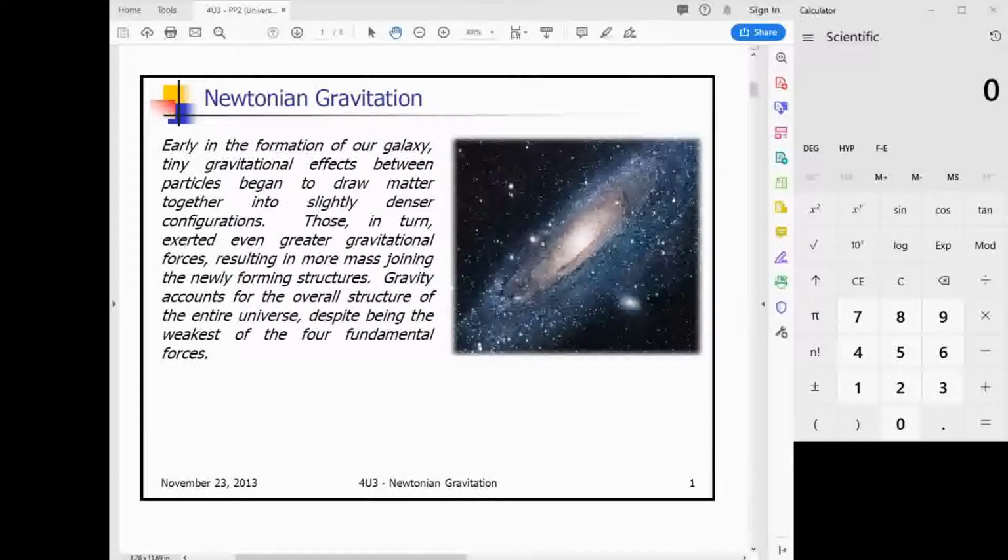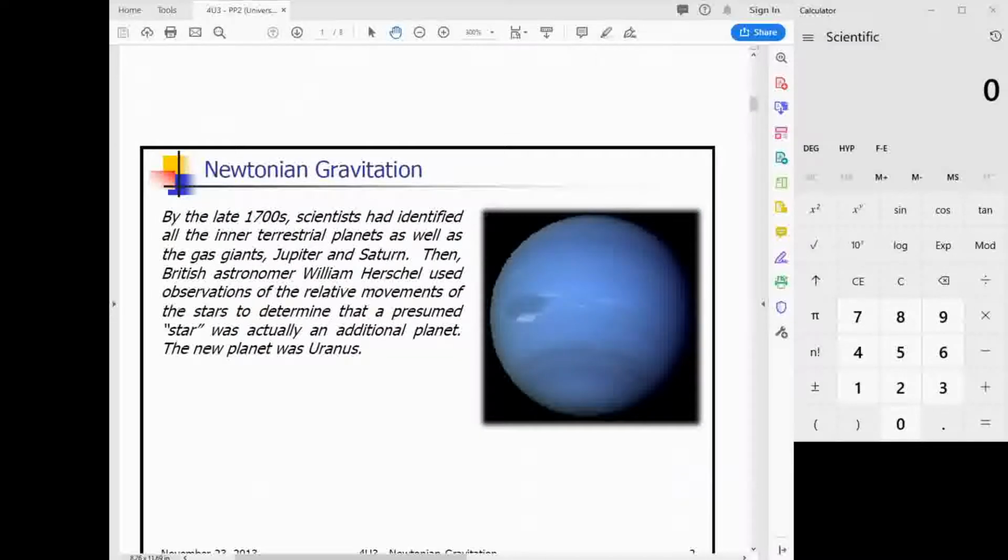Once we have a larger mass of particles, the pressure on the particles in the center of that mass starts to form a core because of all the pressure of the other mass that's basically crushing it. So gravity, of course, is the weakest fundamental force, but it's this force that also has the ability to create stars and planets and define the movement between those. So that's something else to consider.